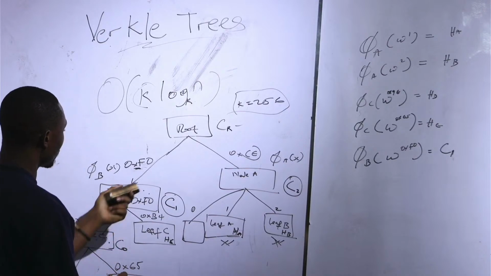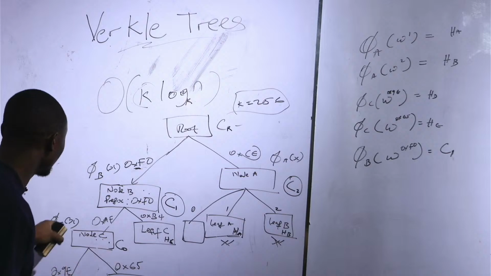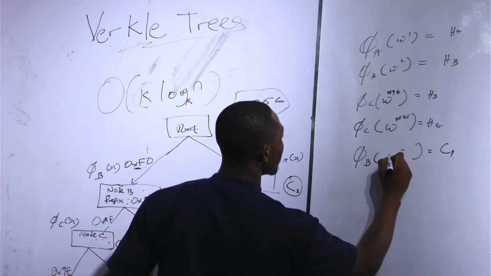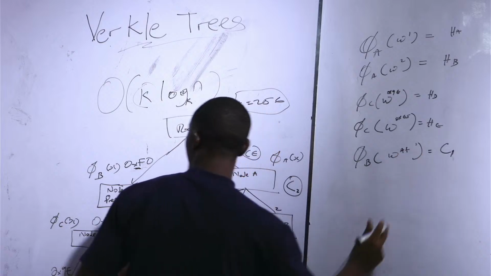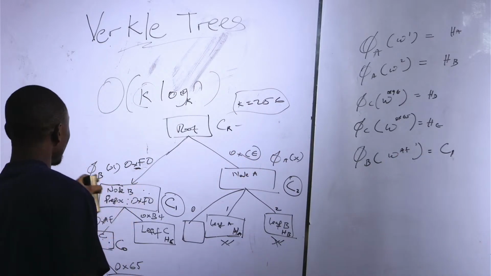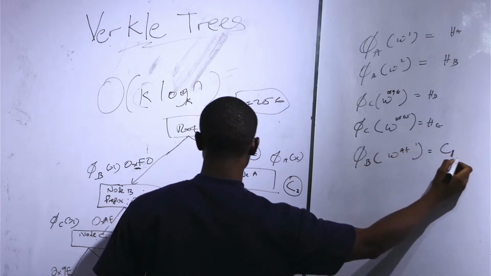Yeah, I want proof C0 is in C1. So we need to prove that. Yeah, I want proof that this is inside here. So it should be this B, at first C0.